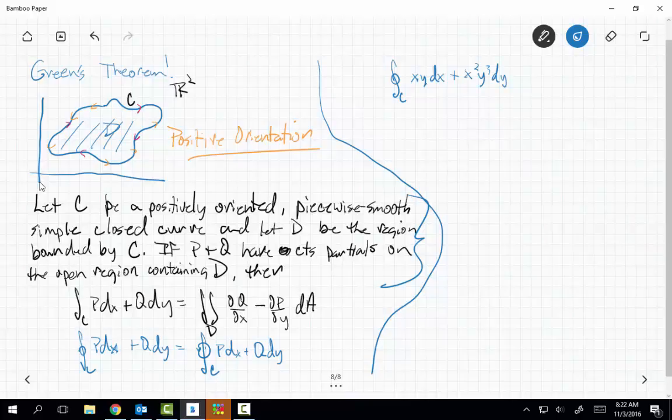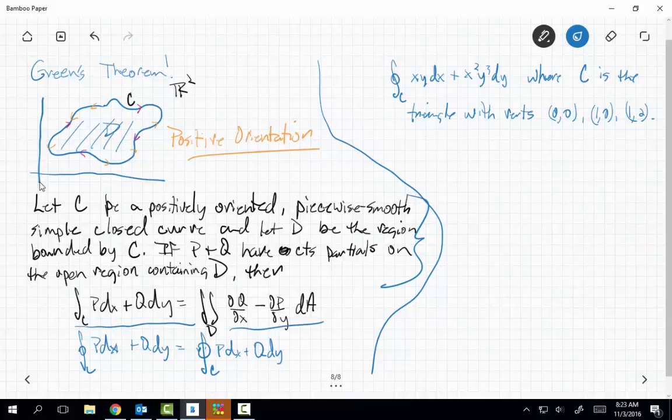And we're going to define where C is the triangle with vertices 0, 0, 1, 0, and 1, 2. Okay? All right, now we're going to do this example, but we're going to do it both ways. We're going to do it this way with a single integral, and then we're going to do it with Green's, and you're going to see why Green's is such a powerful theorem.